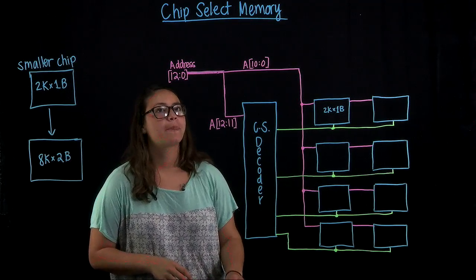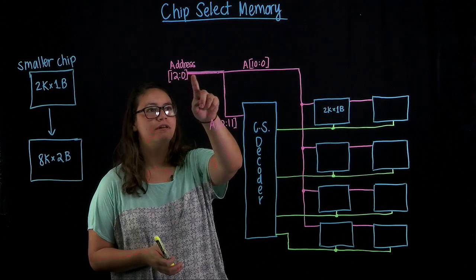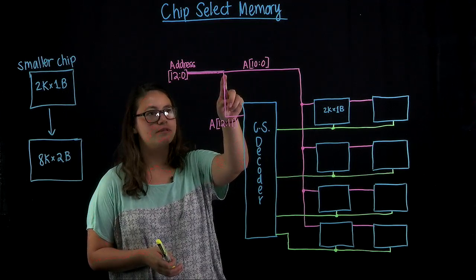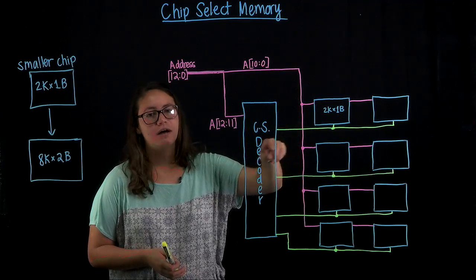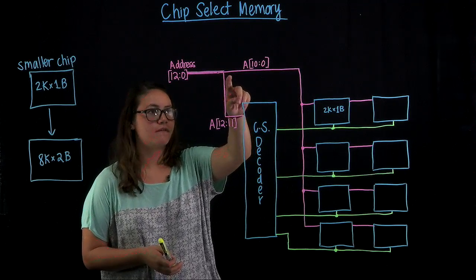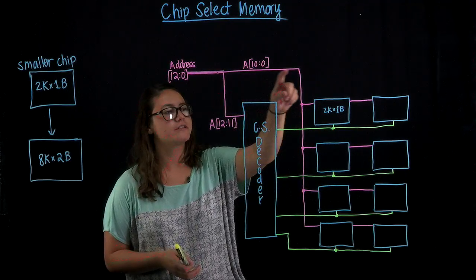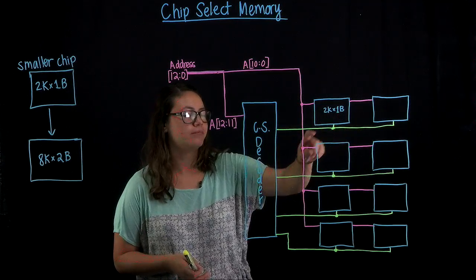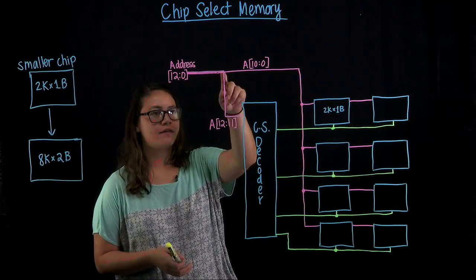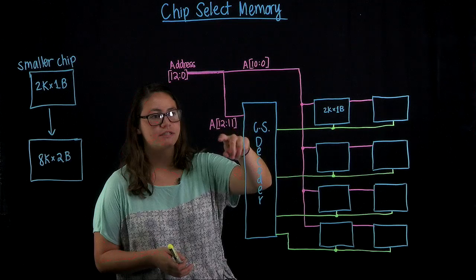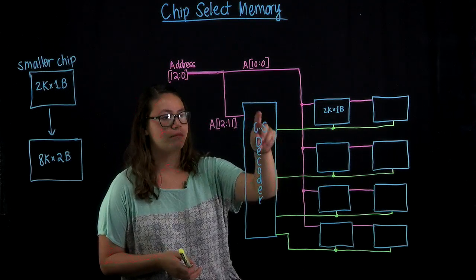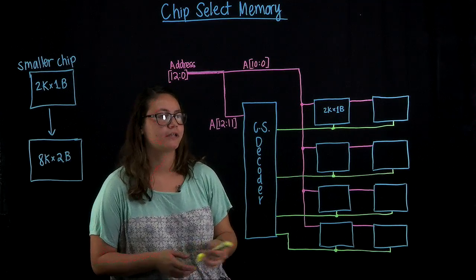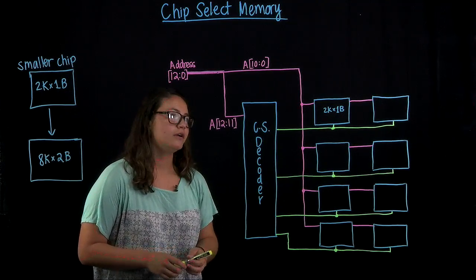The main part is that we have the address right here that comes in, and then it gets split off into 2 parts. So part of the address, usually the larger portion of the address, goes into every chip. And then the other part of the address, usually the top few bits, go into the larger module level decoder that you can call the chip select decoder.